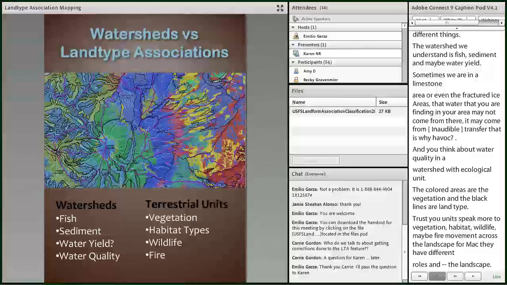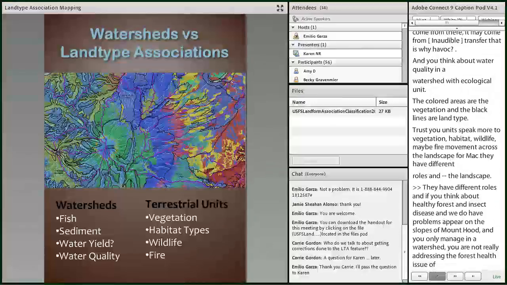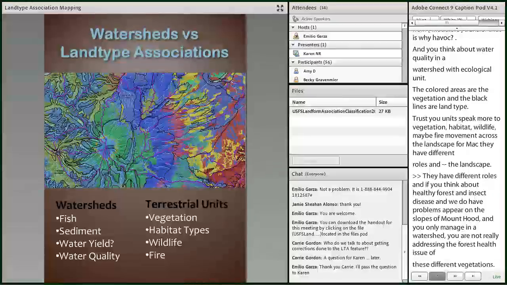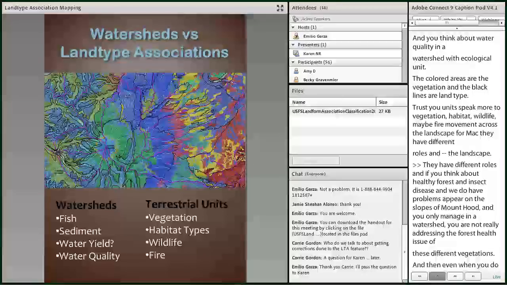And then even when you do manage, if you can manage for this whole system, each one of these different landform associations would have a different productivity associated with that vegetation.